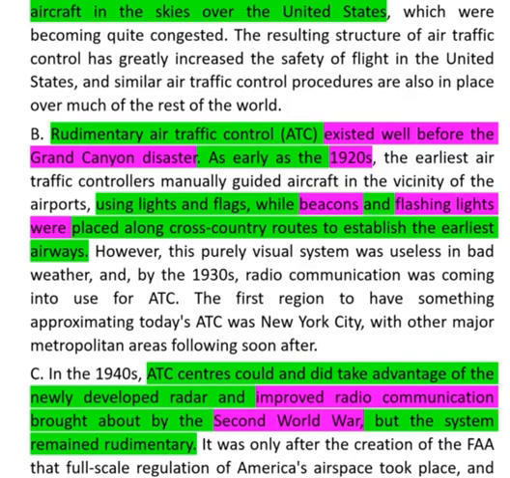So we have found beacons. Can you see beacons here? And we have flashing lights. According to the statement in the question, it was said that beacons and flashing lights are still used by ATC today.